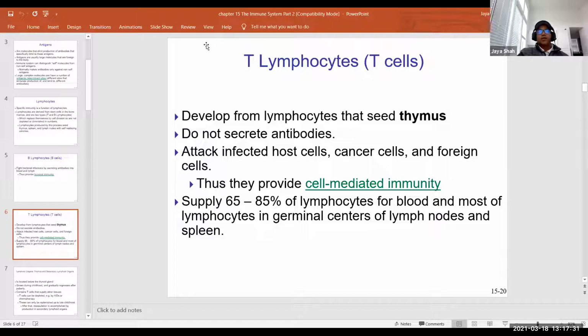So let's say we have a normal cell here, and then we have this red bacteria inside our cell, then this cell is infected. So this cytotoxic T cell will come and attack this cell.